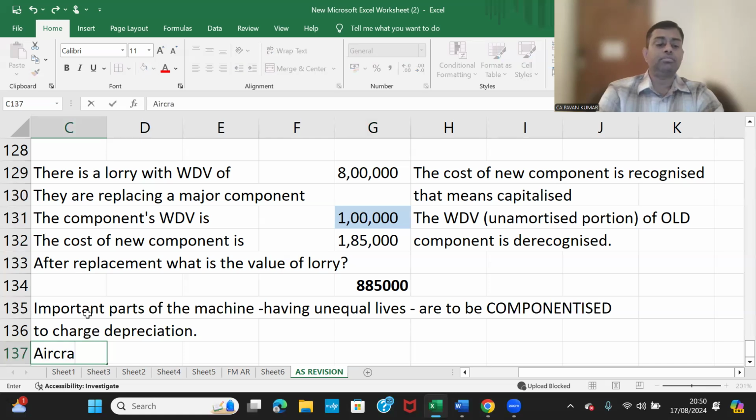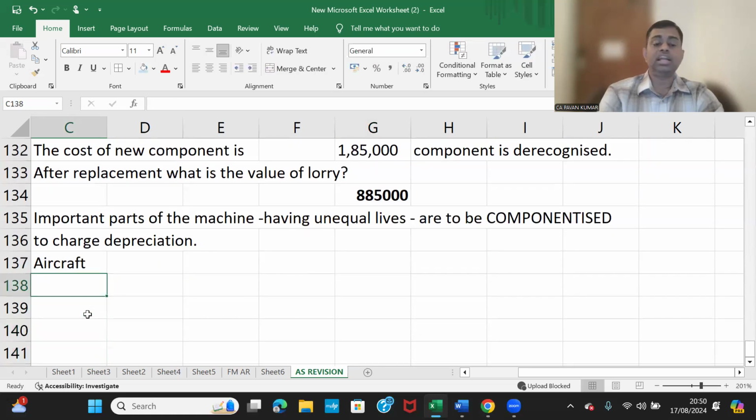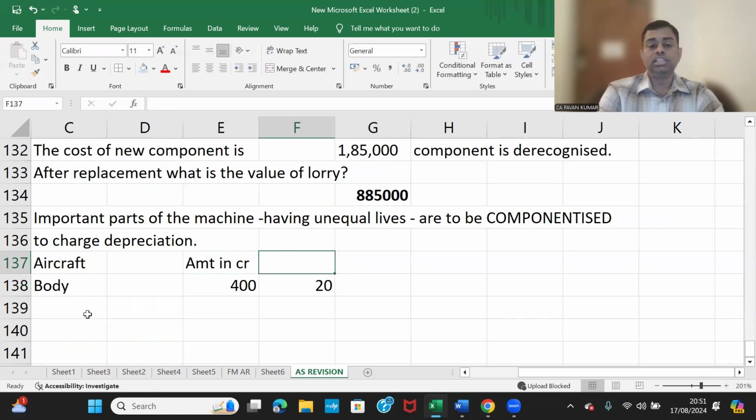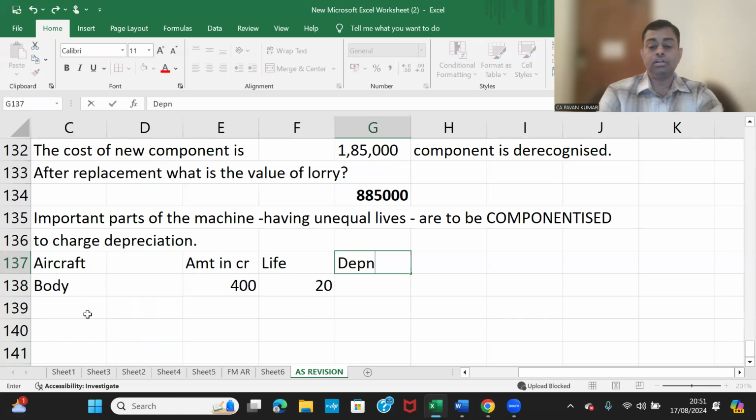Best example is aircraft. Say, for example, Air India has one aircraft. The body of the aircraft is, say, 400 crores, which has a life of 20 years. So this is the amount in crores and this is the life. So what is depreciation?